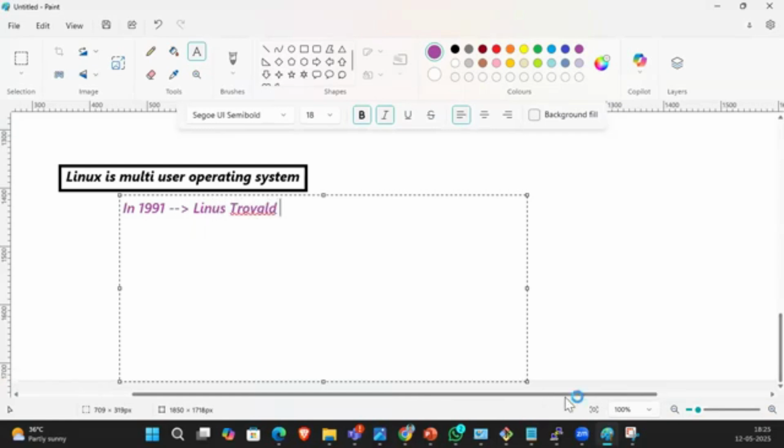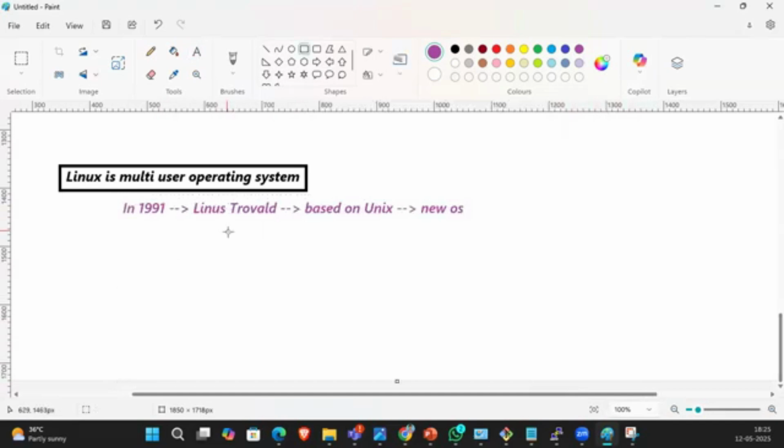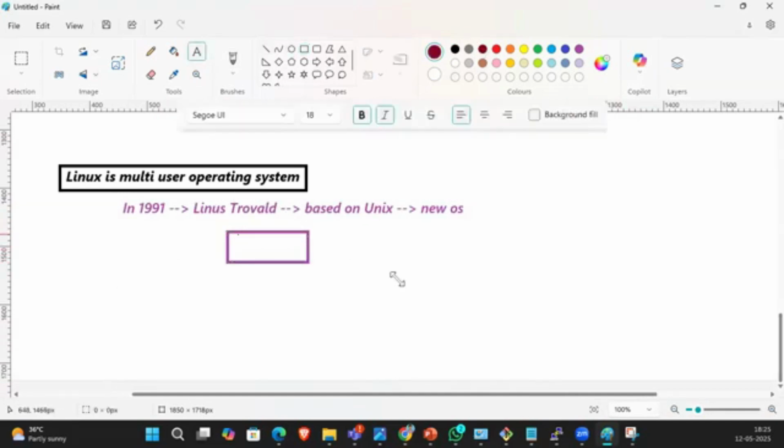So Linus Torvalds in 1991 studied at a university, and his mentor asked him to create a new OS based on the Unix OS. Then he created an OS called Minix OS.